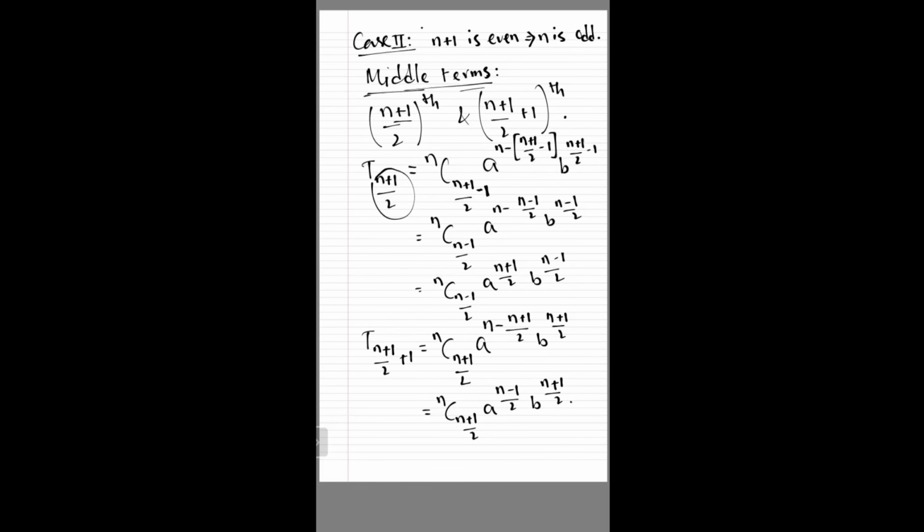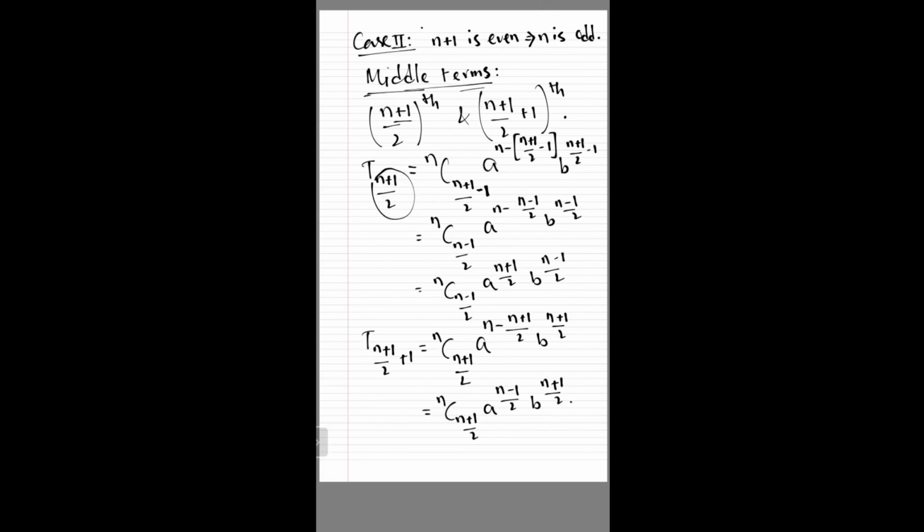So whenever the expression is given for which we have to find the middle term, we can just look at the value of n, and from that we can decide which term should be the middle term.